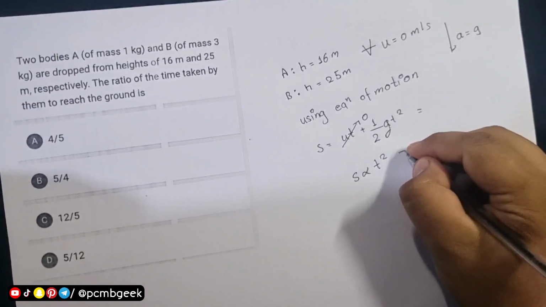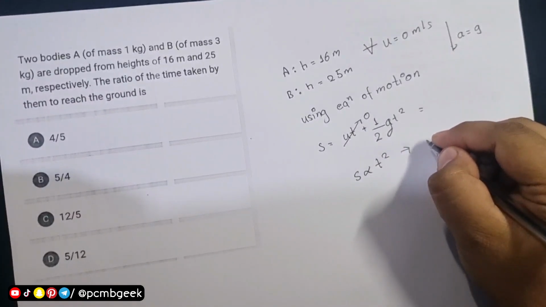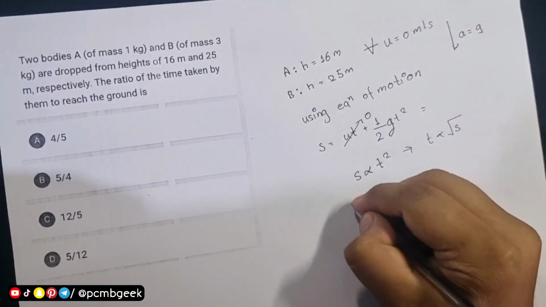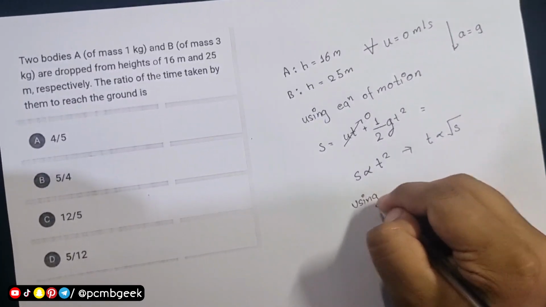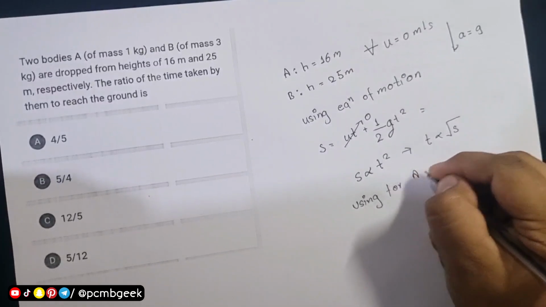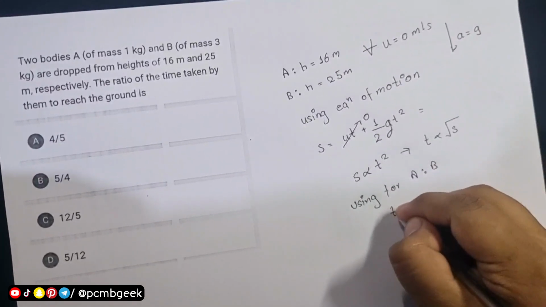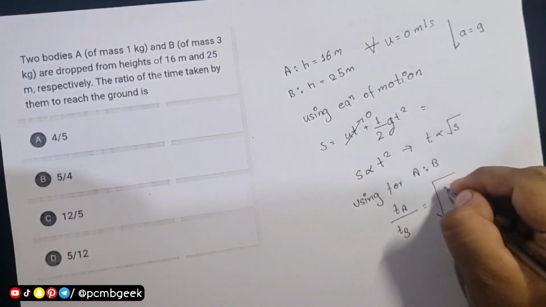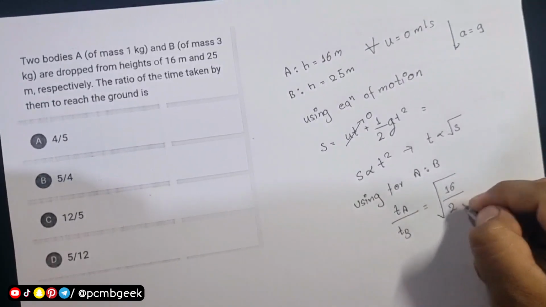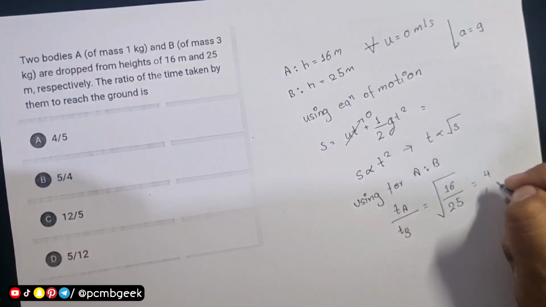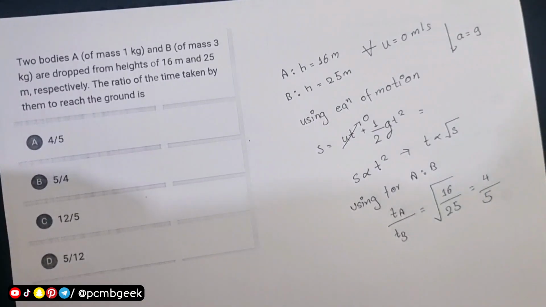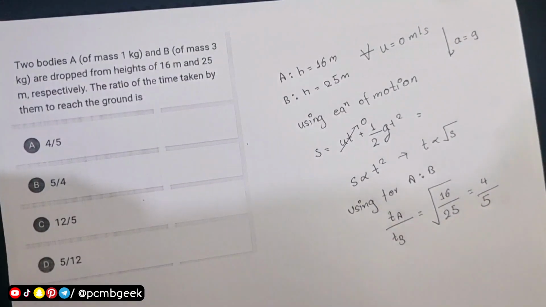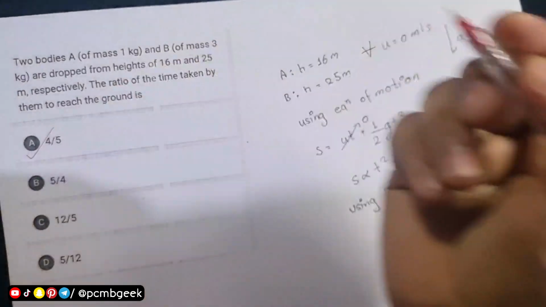Now we can also conclude that t is directly proportional to the square root of s. Now for body A to body B, tA is to tB is square root of 16 divided by 25, which gives 4 by 5. From that we get the ratio as 4:5. That means our correct option is option number A.